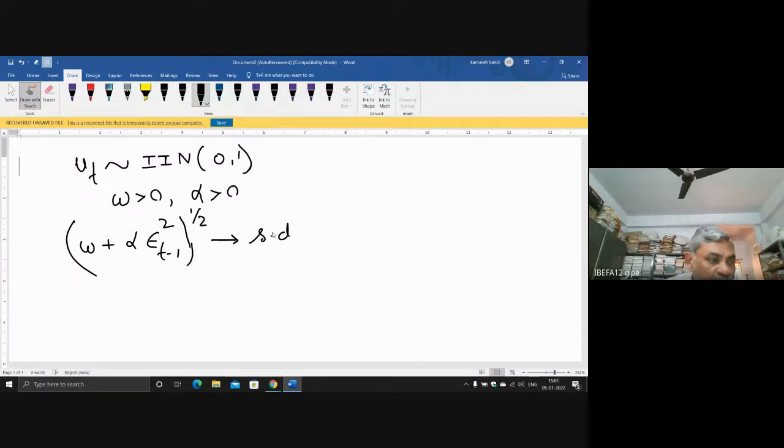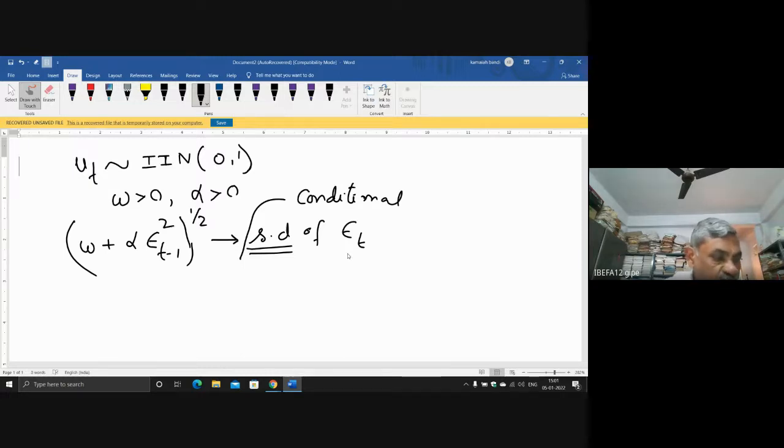So this is standard deviation of what? Standard deviation of epsilon t. Okay. So this is what kind of standard deviation? Can you qualify this? Conditional, sir. Yes, conditional standard deviation of epsilon t, right?